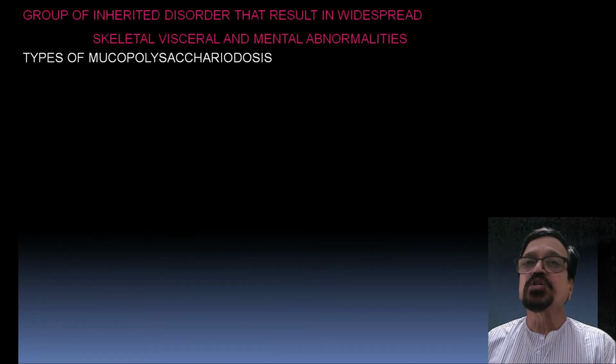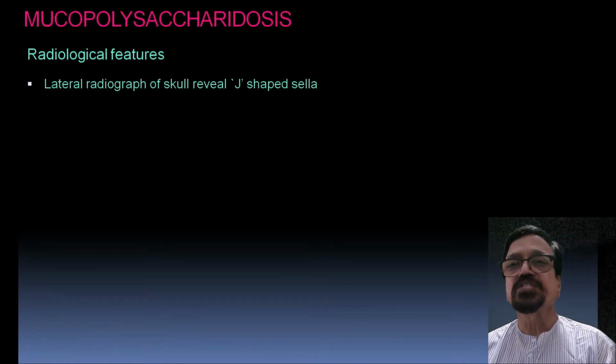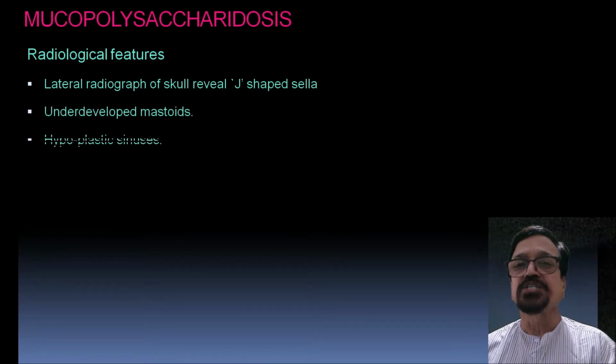Now, what are the groups of inherited disorders that result in widespread skeletal, visceral, and mental abnormalities? Now, these are the types of MPS: type 1, type 2, type 3, and type 4. The lateral radiograph of skull will reveal a J-shaped sella. Then there will be underdeveloped mastoids.